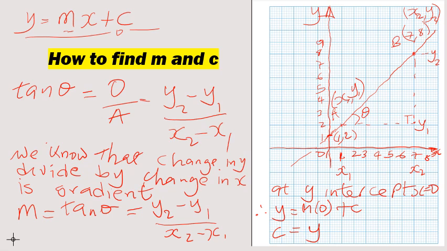Okay. So in this case, it will be 1. So it will mean that you have found m, you have found c. You can just substitute in those ones and have your line equation of a straight line. Let's continue.